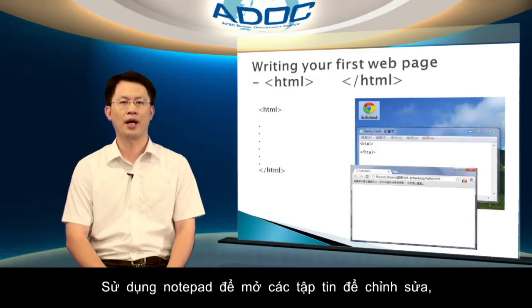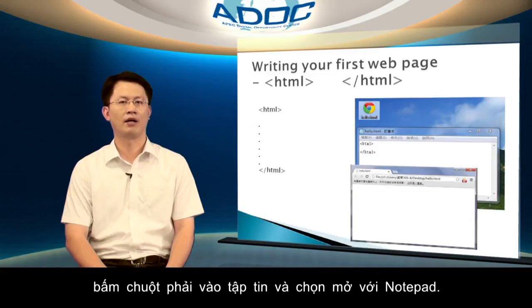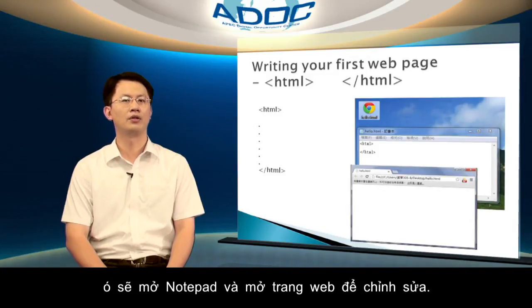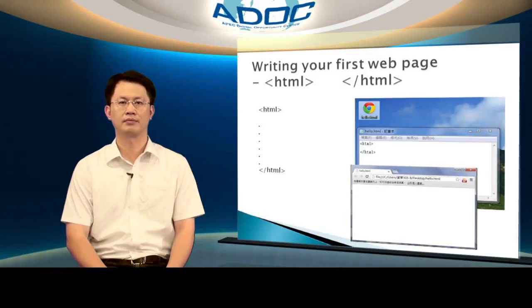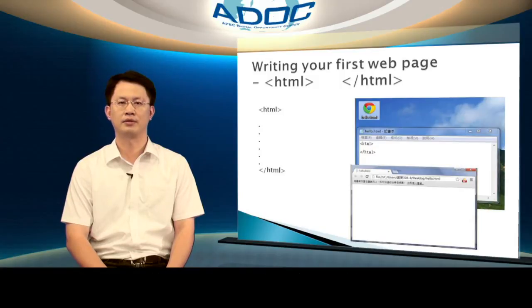To use Notepad to open the file for editing, right-click the file and select Open with Notepad. It will launch Notepad and open the web page for editing. One other trick you can use is to open Notepad first, then drag and drop the web page to the Notepad.